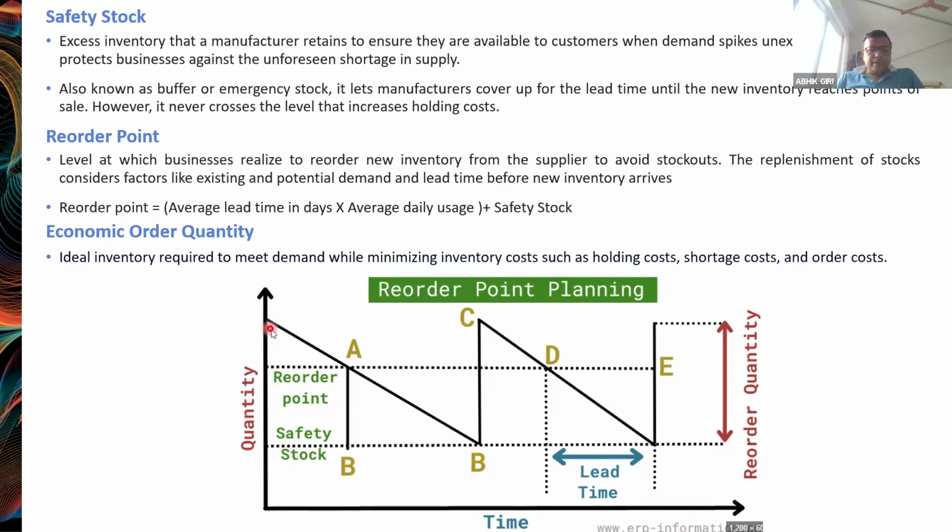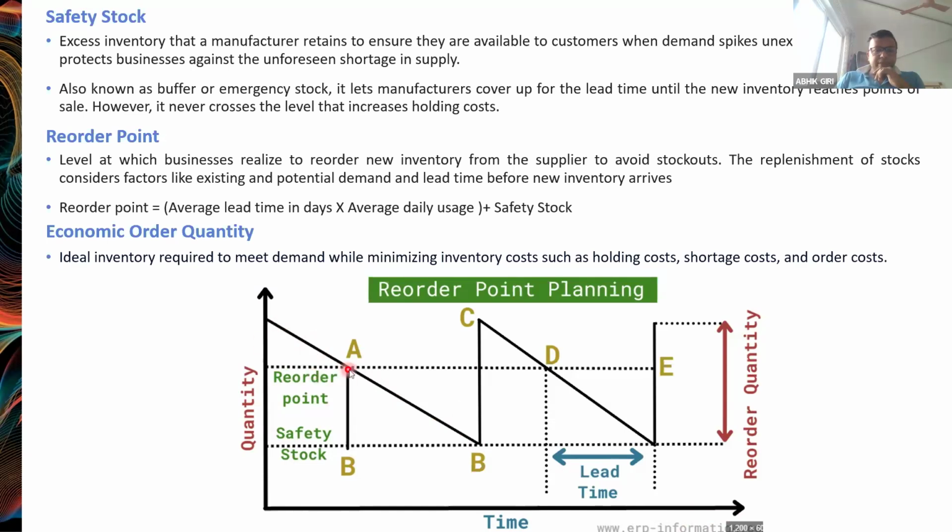Now, if you see here, the inventory diminishes gradually with time; first it diminishes here, then again it increases. So this point A is what we call the reorder point.